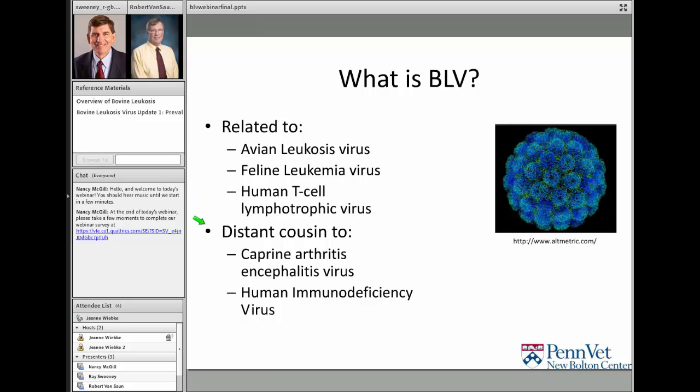It's also a more distant cousin to a virus you're familiar with from the press, the HIV virus. And if you have goats or sheep, caprine arthritis encephalitis or ovine progressive pneumonia virus. So it's in a family of viruses particularly closely related to viruses that can cause cancer in other species.